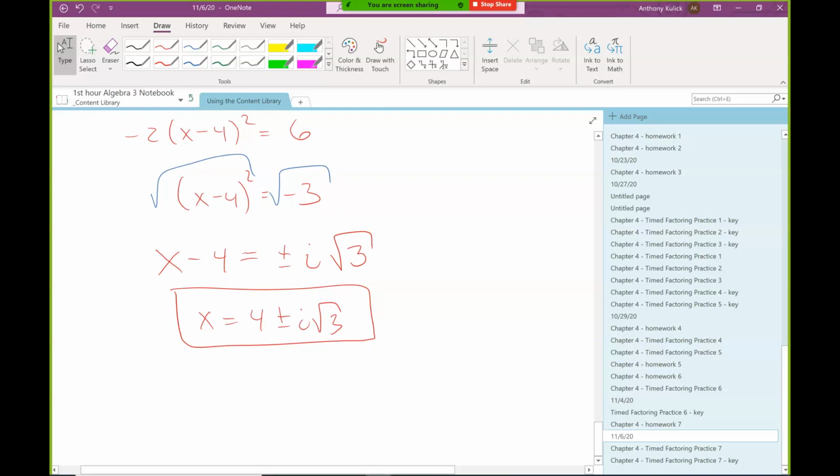I have sections where I ask you to solve with the quadratic formula, with a square root, and then a section where you solve whichever way you want, whether it's factoring or a square root or quadratic formula. Try to pick the easiest method. Some of the time you'll need to use i, some of the times you won't. And then I'll have some complex number operations in there too, adding, subtracting, multiplying, dividing, absolute value, to practice on those as well. Okay?